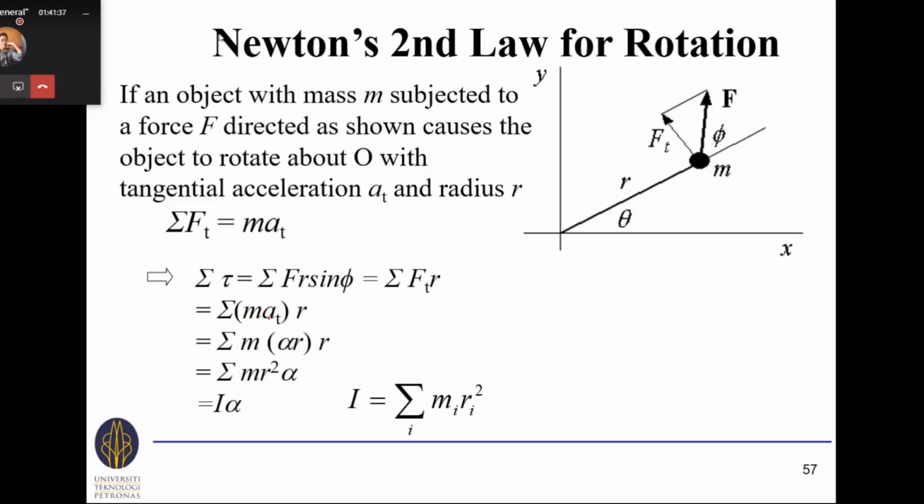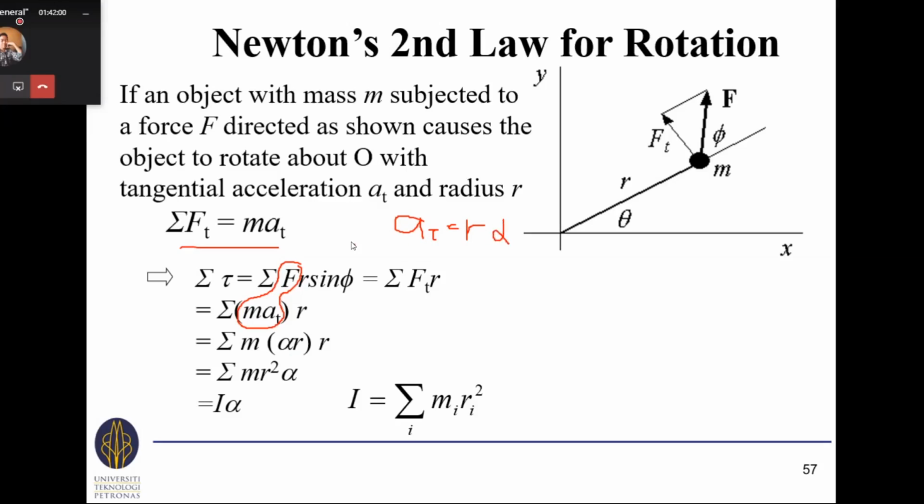From the equation you see here, F equals to ma_t. You substitute there, F equals to ma, and then you know that from the equation that we have just now, a_t is equals to r alpha.